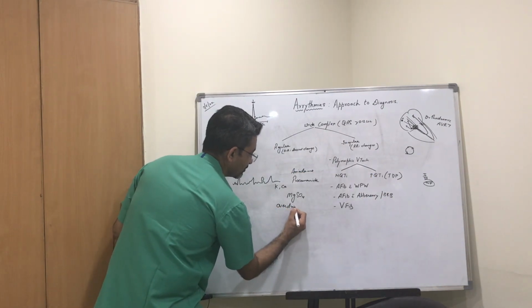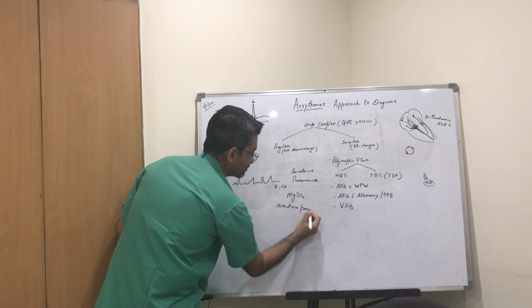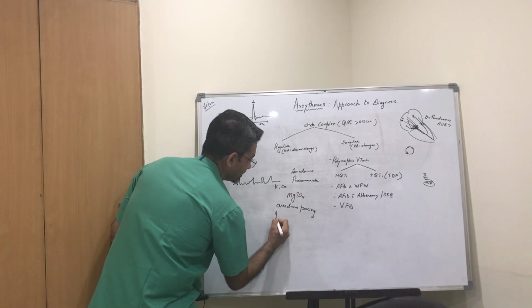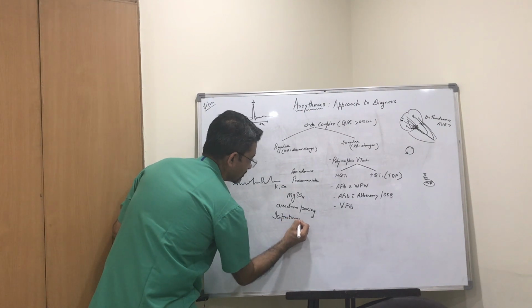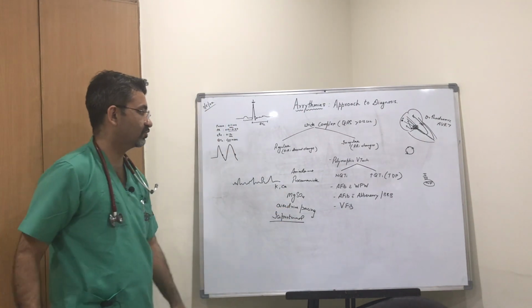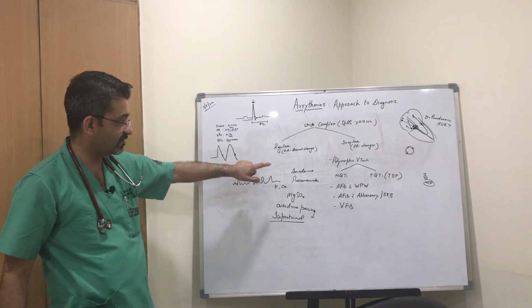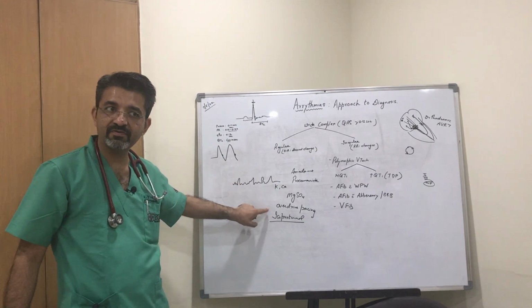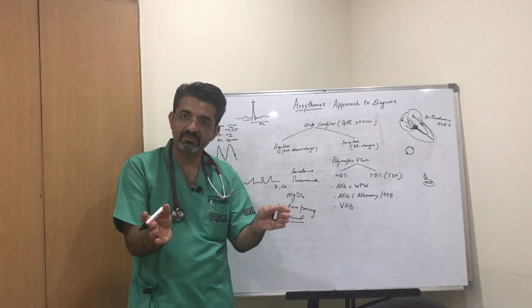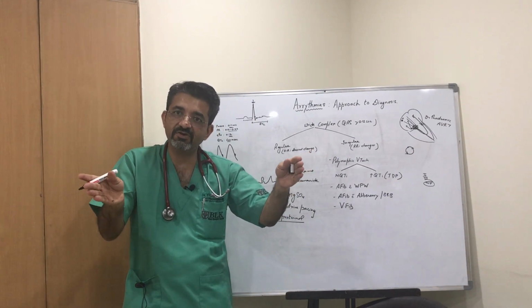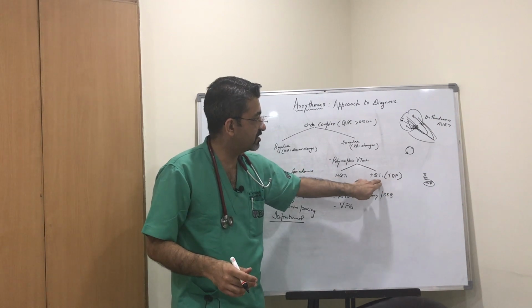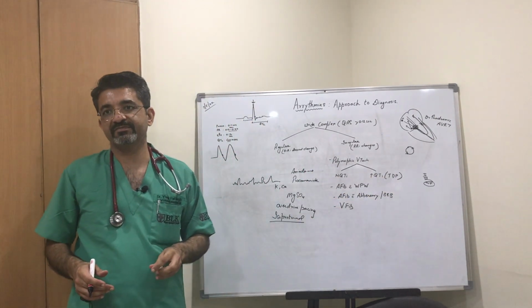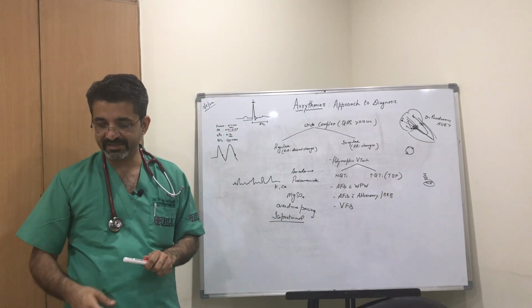Or you use isoproterenol. So you use overdrive pacing or isoproterenol. This will increase your heart rate. Increase in heart rate will decrease your QTc prolongation, thereby decreasing chances of turning a rhythm into torsades de pointes. Right?